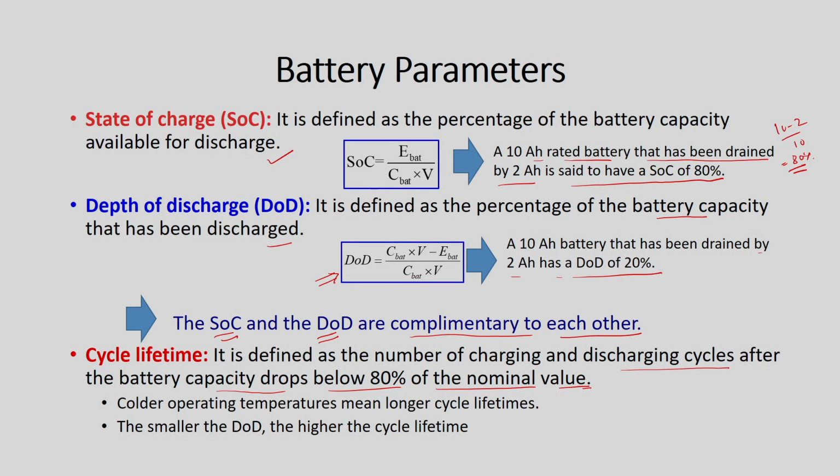This battery cycle life again depends on the operating temperature. Colder operating temperature means longer cycle lifetime. And the smaller the DOD, the depth of discharge, the higher the cycle lifetime. These are important observations on how the cycle life is affected by temperature and DOD.